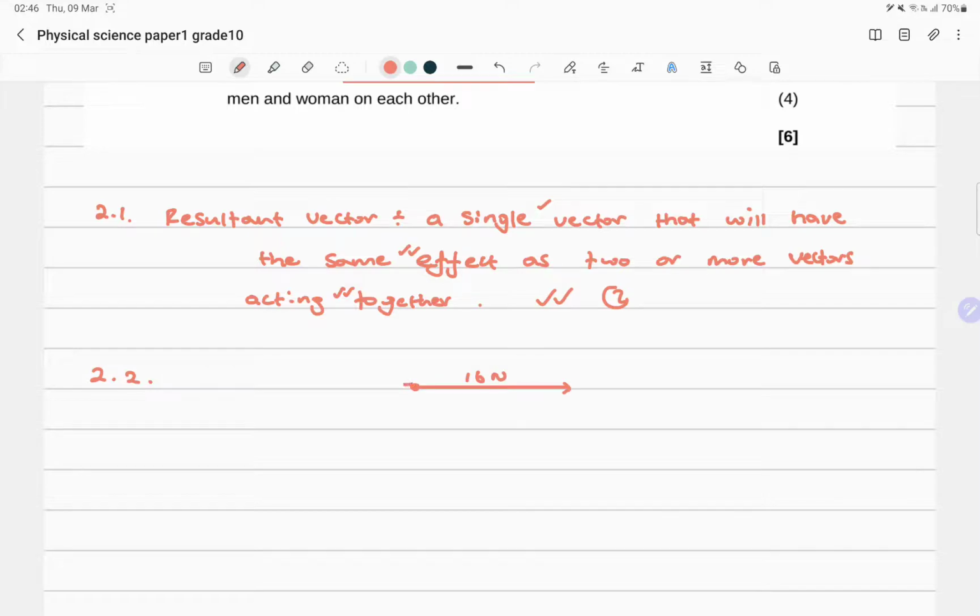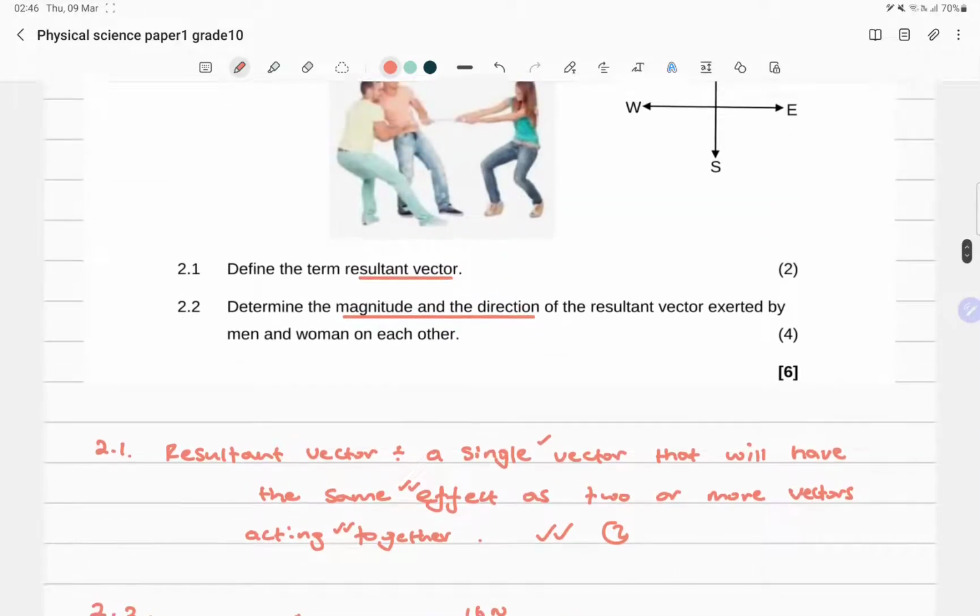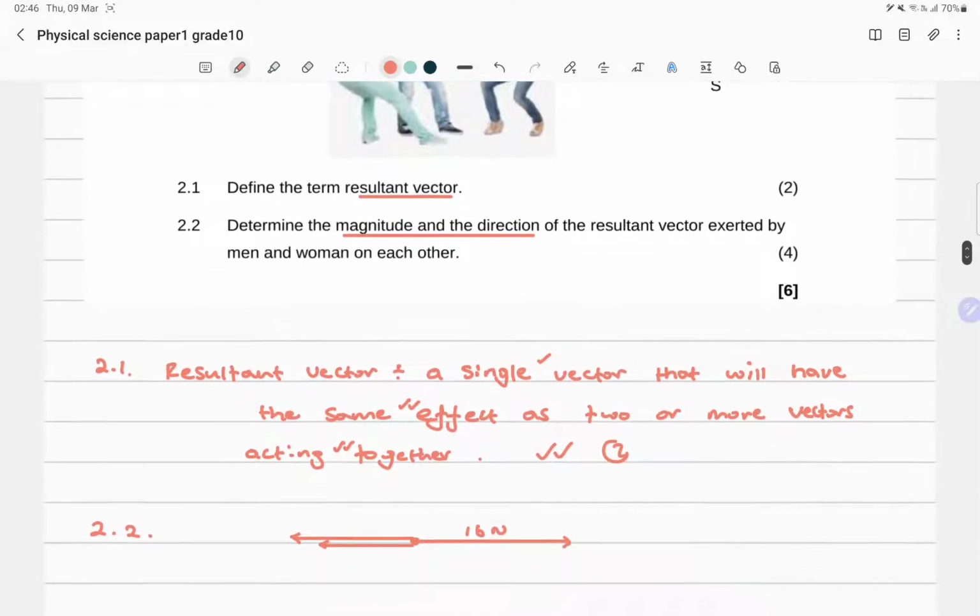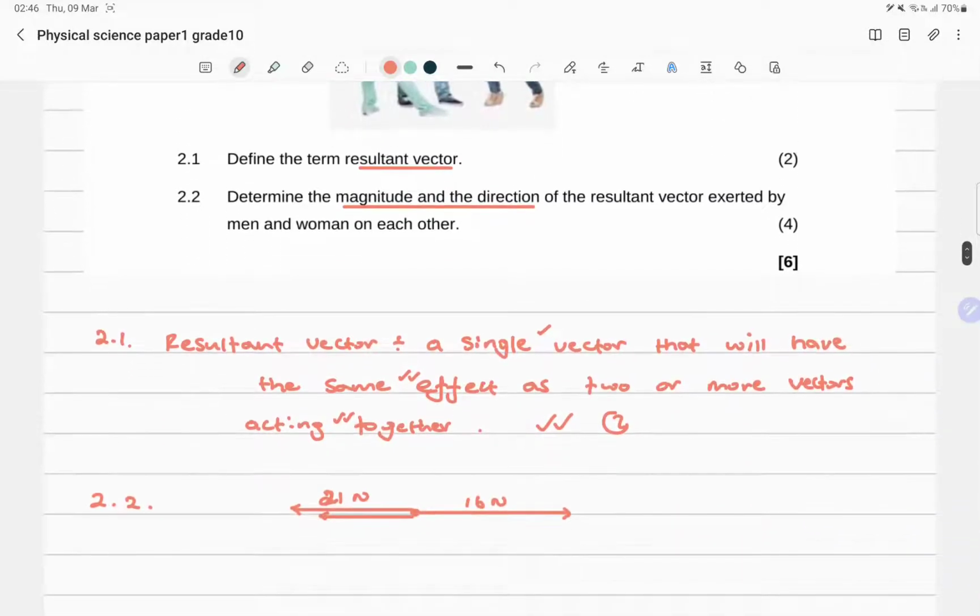And then the man, one applied a force in this direction, and then another one applied a force in this direction. The other one was a bit longer than the other. So you can see those vectors are not equal. The other one was 21 newtons, and then the other one was 19 newtons.